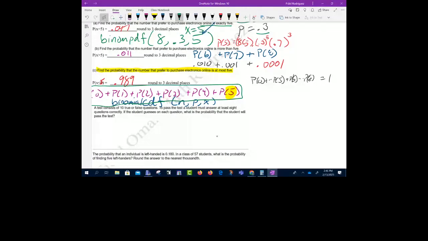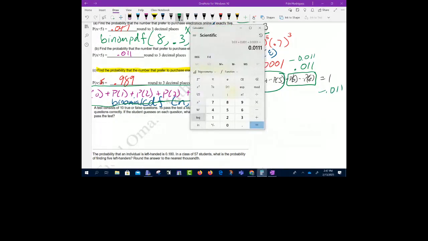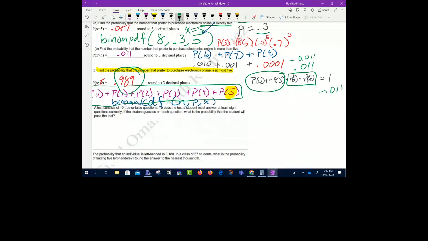In part B, we found the probabilities for 6, 7, and 8 to be 0.011. So if I wanted to find this part, we could just subtract that 0.011 from both sides, and we get 0.989. That's the same answer we had there. Another way we can go about doing this.